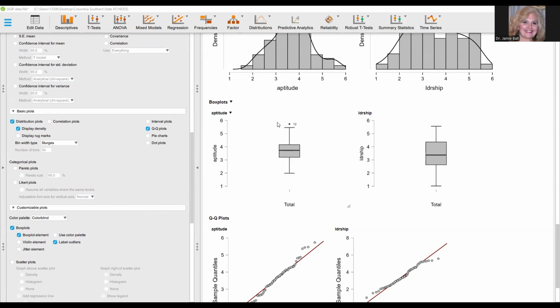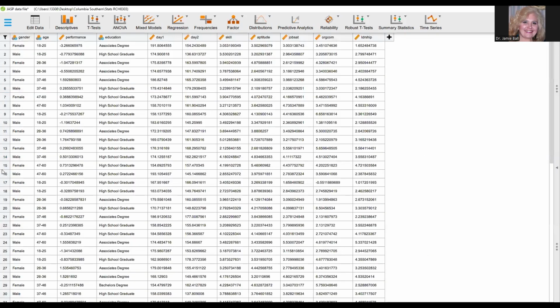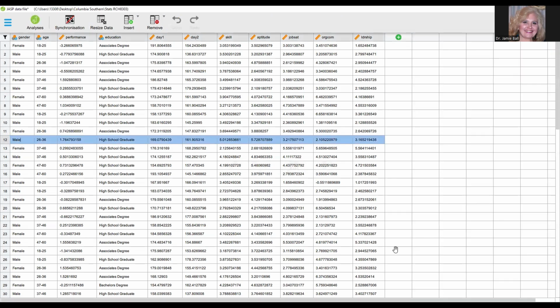Why do I want to know that? Well, the first thing I want to do is check and see if my data is accurate, right? So I can go back and I can look at my data either by going here or clicking on these little side arrows, right? And I can find case number 12. Well, there's case number 12. It's going to let me click on it. There we go.